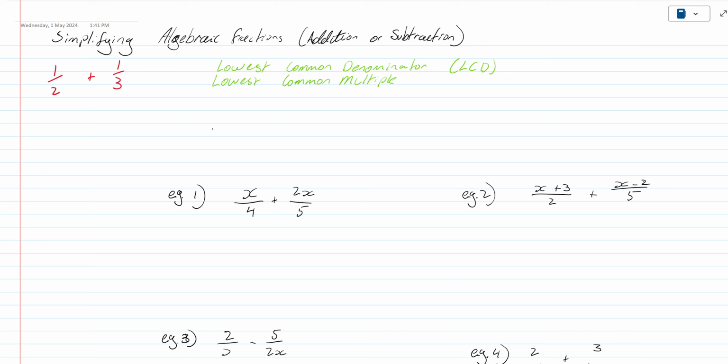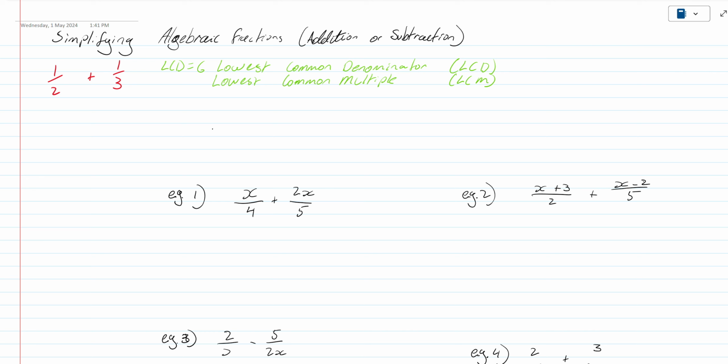So if you've done multiple work in a simpler type of maths, then the lowest common multiple in this type of question is also your lowest common denominator, or it needs to be your lowest common denominator in order to be able to add or subtract the fractions. So the lowest common denominator in this example of 1/2 plus 1/3 would be 6.